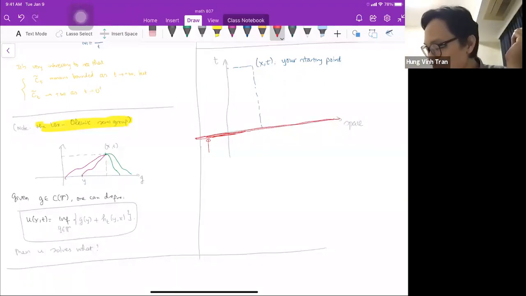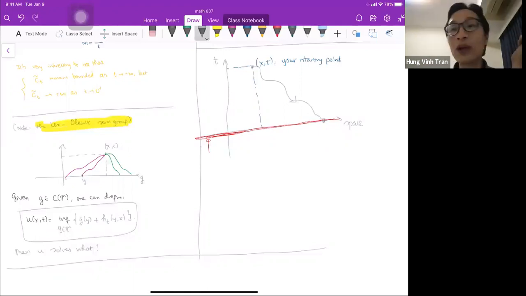Let's say your boat goes like this and reaches the point y. That's one way to go.